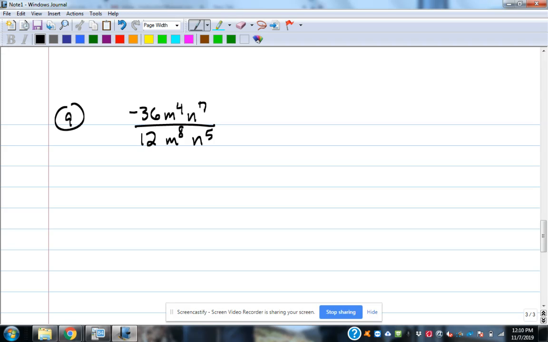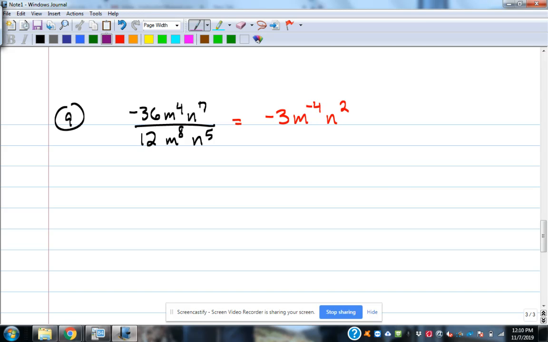What do we do with this one? Okay, so the 36 and the 12, will that divide evenly? Yeah, so that's negative 3 m to the negative 4 n to the 2nd.